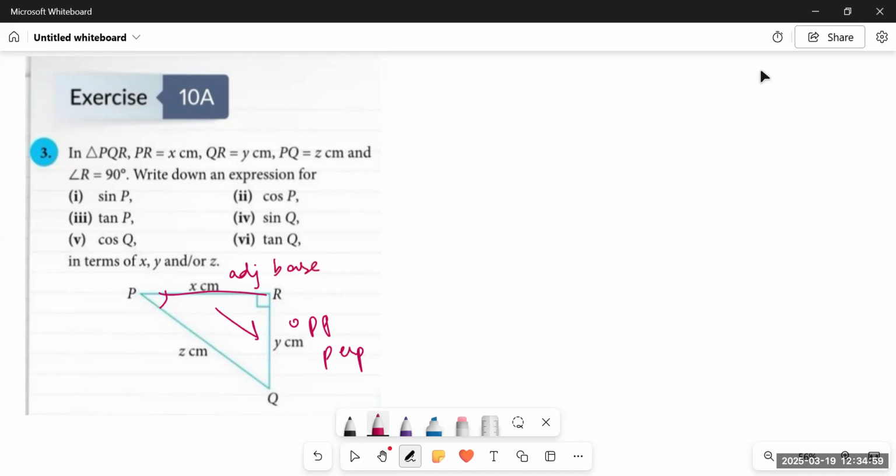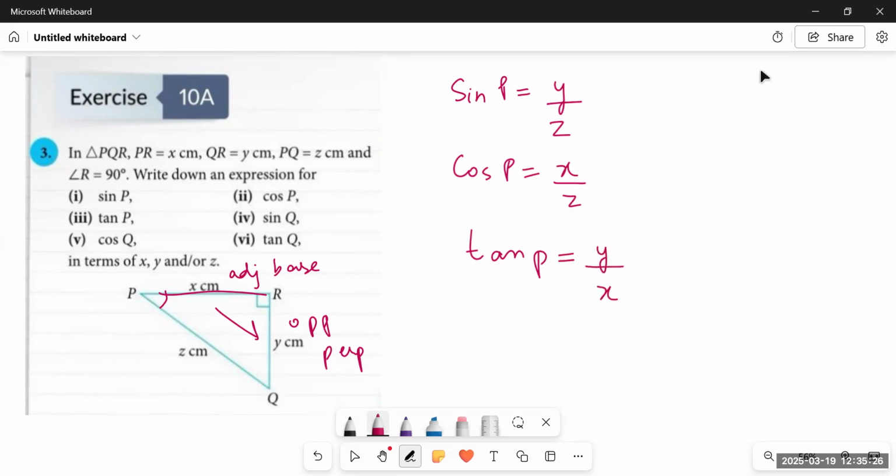Okay, so sine P is equal to perpendicular, that is y upon z. Cos P is equal to adjacent upon hypotenuse, and tan P is equal to y upon x, right? Perpendicular upon adjacent sides.